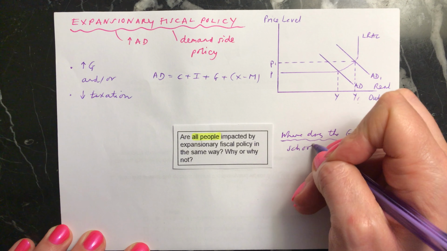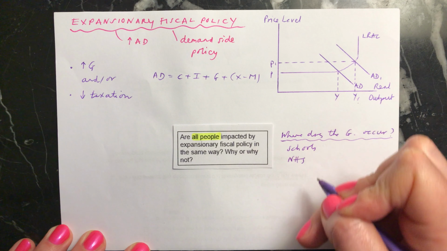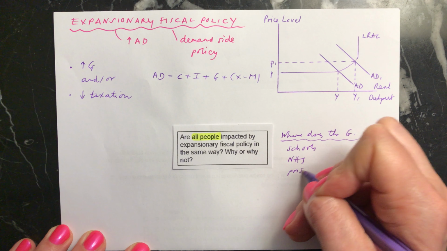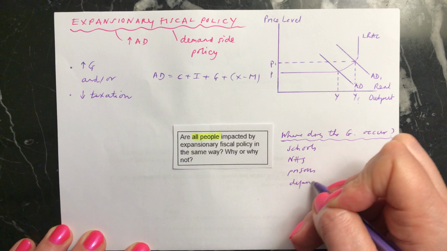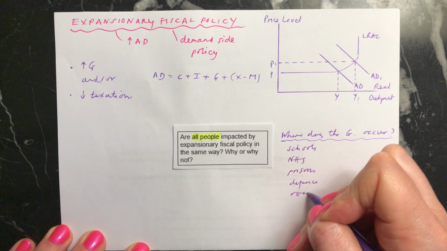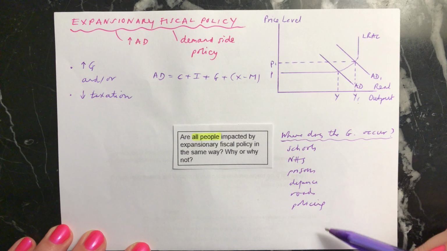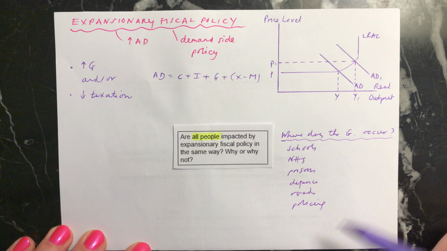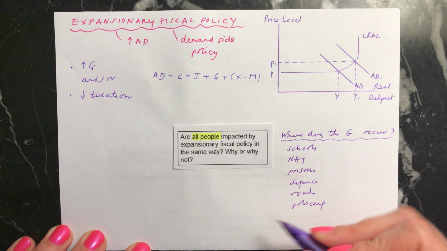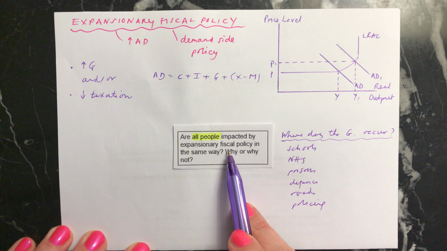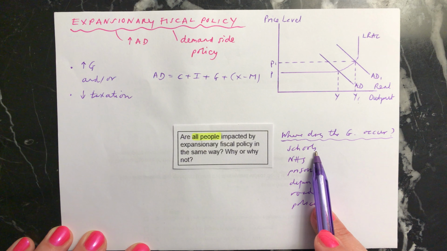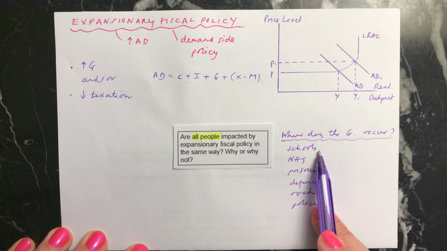Are they spending it on schools? Are they spending it on the NHS? Prisons, defence, roads, policing? So there are lots of things that the government can spend their money on. And is this actually impacting all people equally? So for example, people who don't send their children to state schools won't be impacted by this.